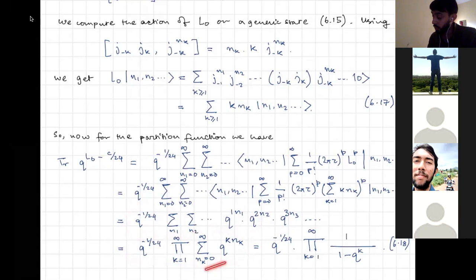And you can do this sum, and the thing that you end up with is this infinite product. So this, as you again know well, if you're going to sum this up, this is going to be 1 over 1 minus q to the k. Now there's a product in front of this as well.